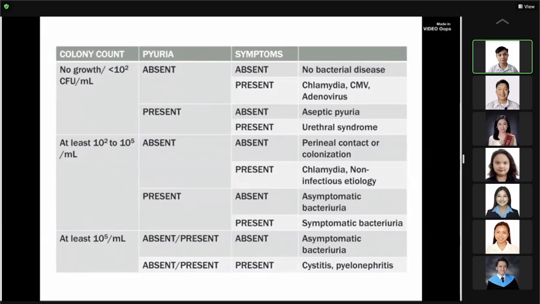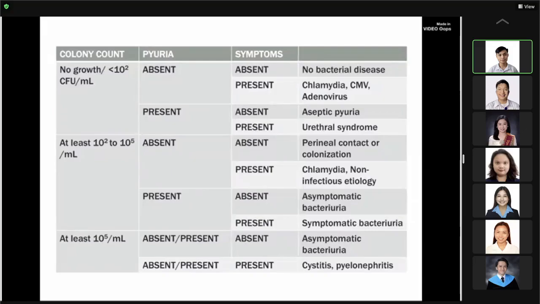If there is pyuria with no symptom, it's aseptic pyuria. If there is symptom, it's urethral syndrome. If the colony count is at least 10 to the second power to 10 to the fifth with no pyuria and no symptom, it's likely a case of perineal colonization.